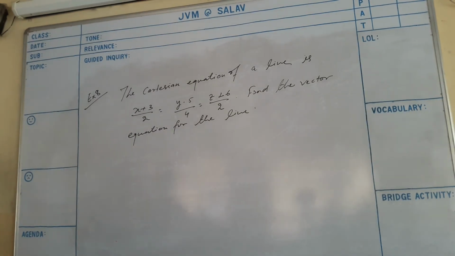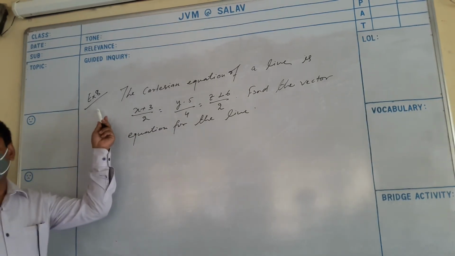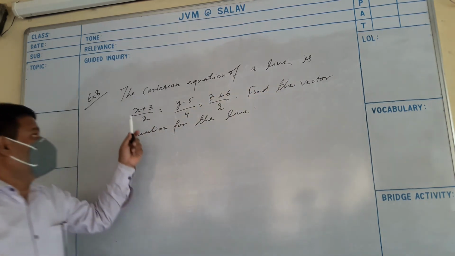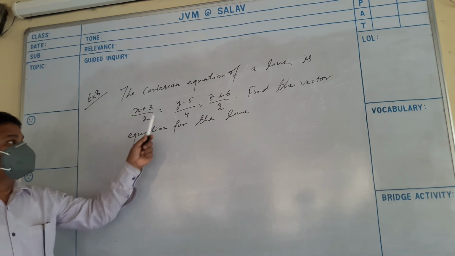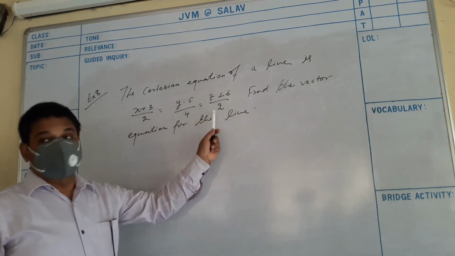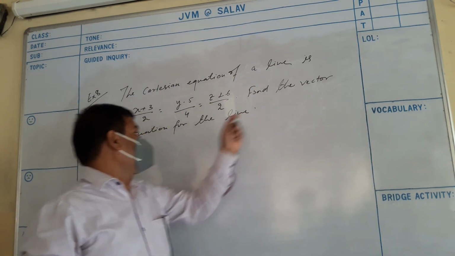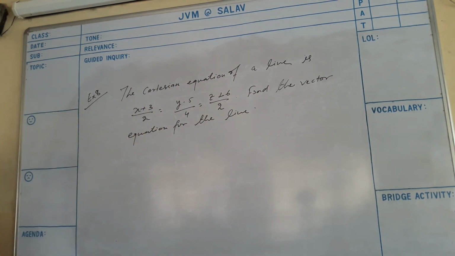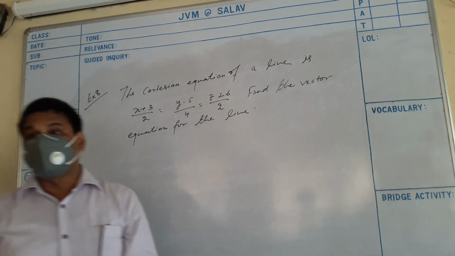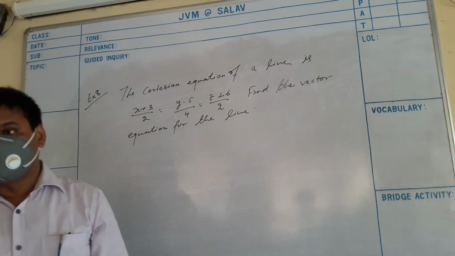Okay. Example number 8. The Cartesian equation of a line is (x + 3)/2 = (y - 5)/4 = (z + 6)/2. Find the vector equation of the line. So here you have to convert into standard form.